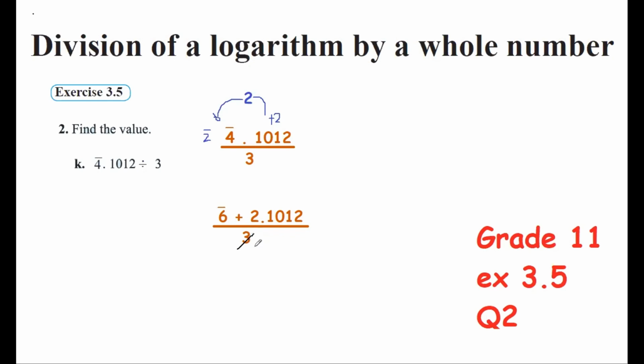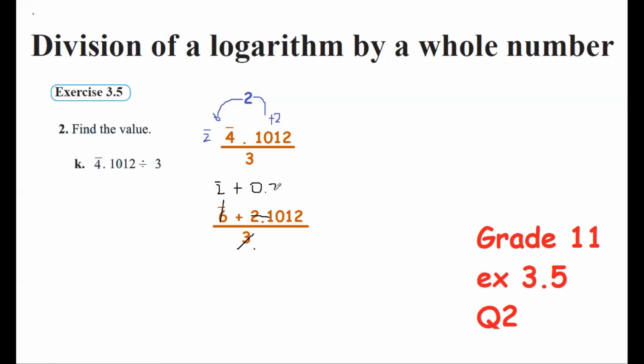3, 1. How many 3s are in 6? It is 2. So you get here bar 2. And plus, 2 has how many 3s? It's 0. Now you are checking both numbers together. It's a 21. 21 has how many 3s?